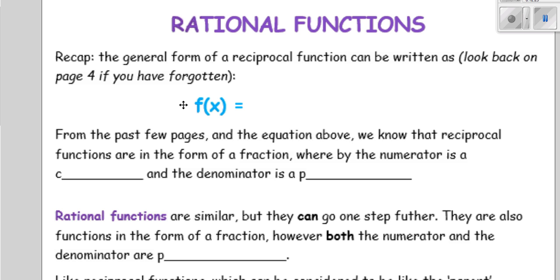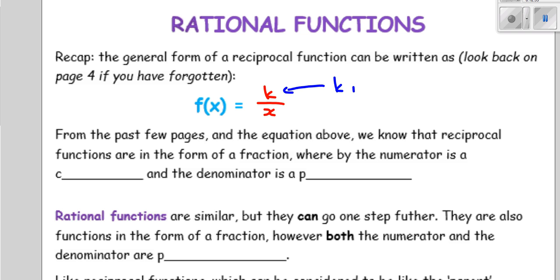So recap. Just a little bit, not too difficult. The general form. These relate very well to reciprocal functions. That's why I'll put them in the reciprocal function topic. So the general form of a reciprocal function can be written as y equals, or f(x) equals, k over x, where k is a constant.